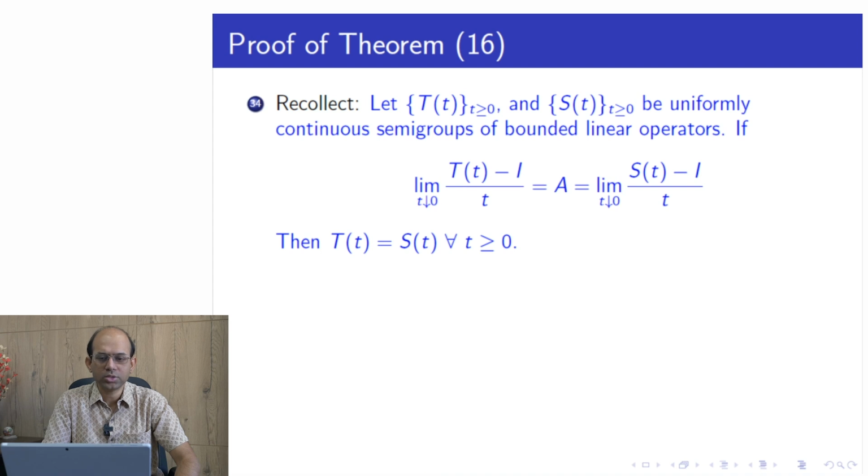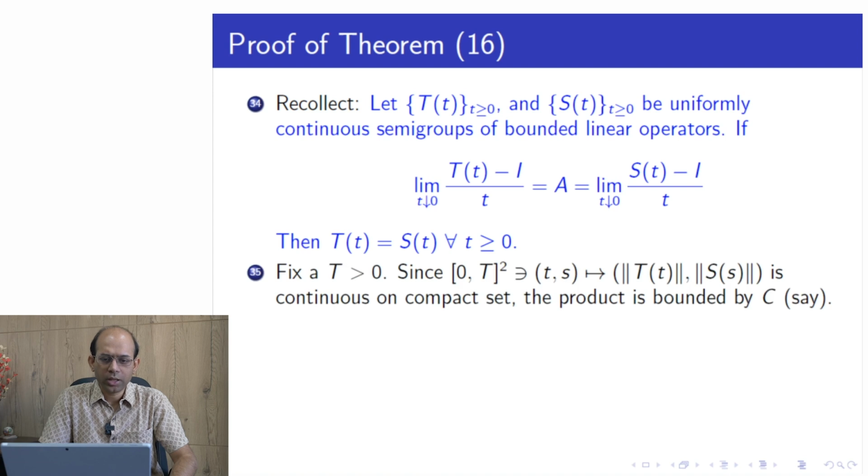If the limit as t tends to 0 of (T(t) minus identity) divided by t is equal to A, and that is the same as the limit as t tends to 0 of (S(t) minus identity) divided by t, then we can conclude that T(t) is equal to S(t) for all t non-negative. This is the statement of the theorem.